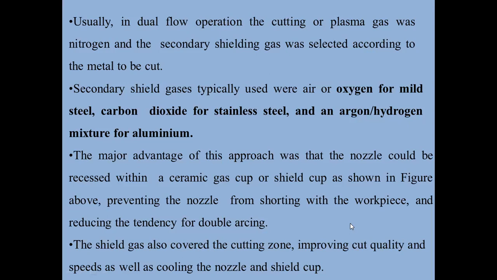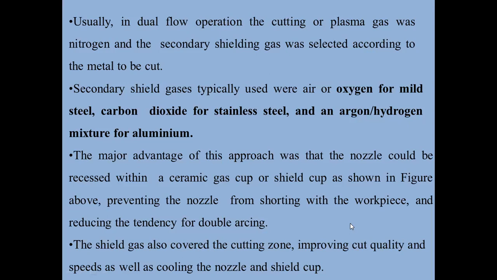So now the arc will be generated only at the pilot ignition location, where the electrode and the nozzle are in the first circuit of the power supply, and further that arc transfer takes place. The shield gas also covers the cutting zone, improving cut quality and speeds, as well as cooling the nozzle and shield cup.